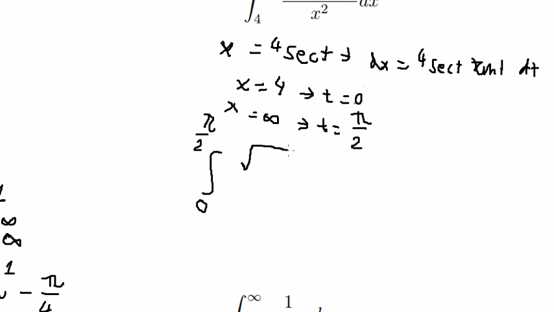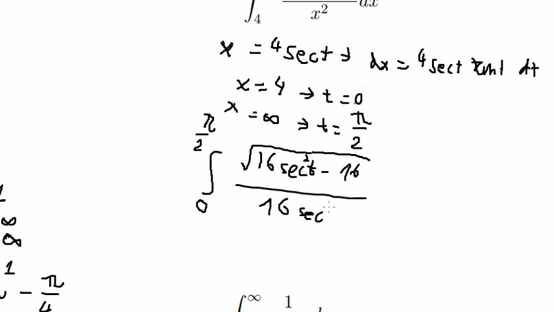So we put about 4 secant of t in here, you got about 16 secant of t squared minus 16 over, we put this one in here, the square root of number 16 is about 4. 4 with 4 is about 16.